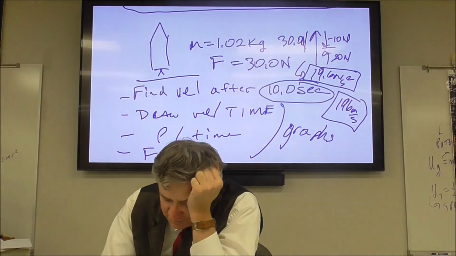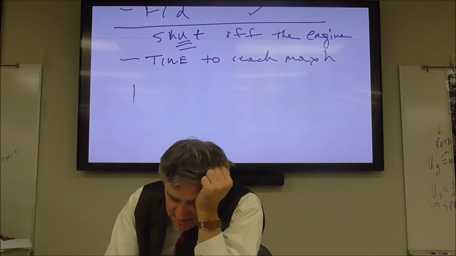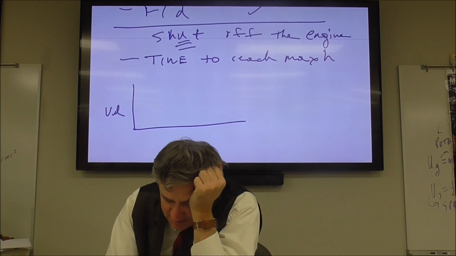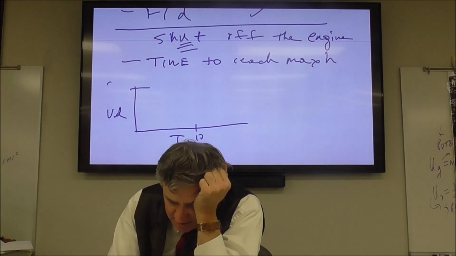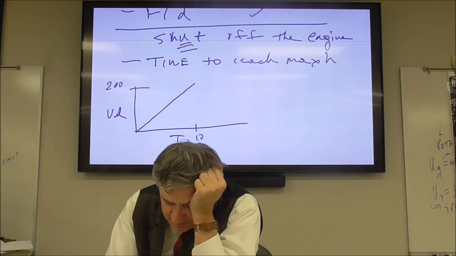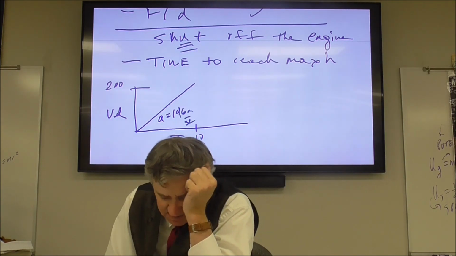So our velocity time graph is going to start at 0, and at the end of 10 seconds, we're going to be going about 200 meters per second, with an acceleration of 19.6 meters per second squared.